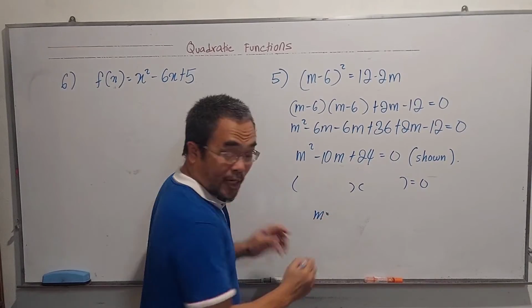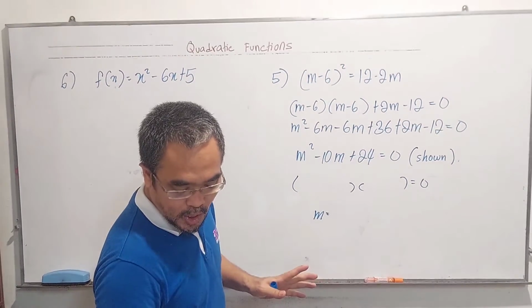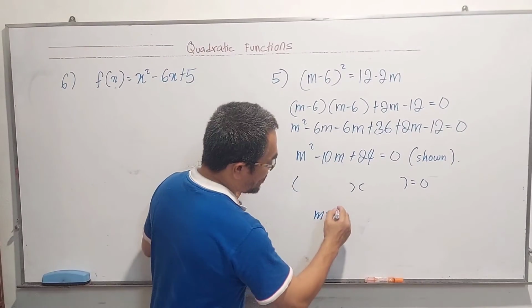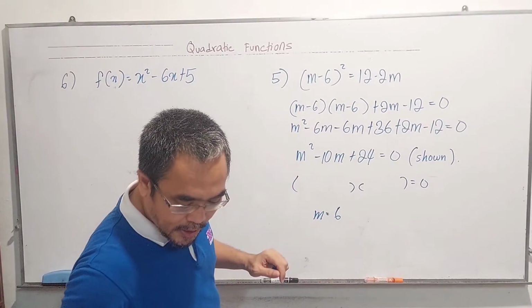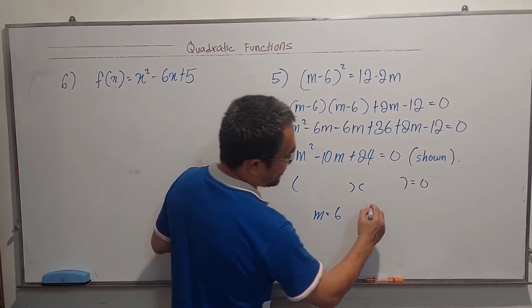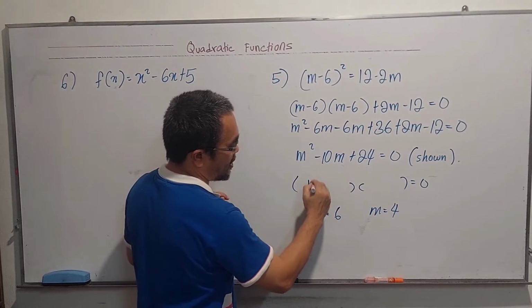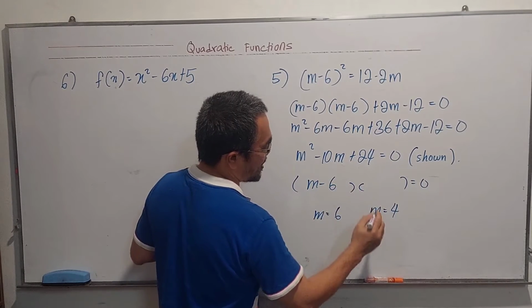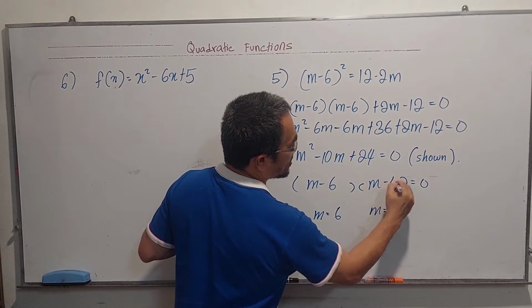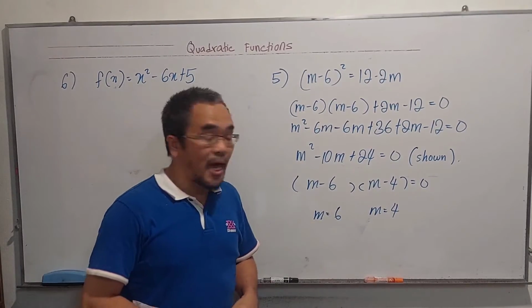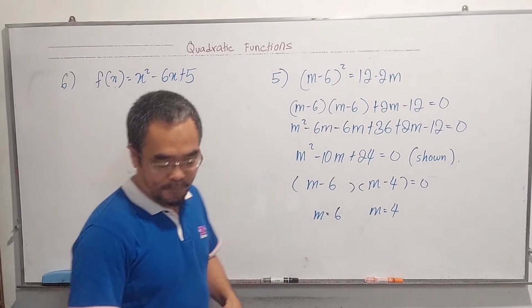Even though the calculator gives you values as x, in this algebra it is m. So 6. Is there any second value? Yes. M is also equal to 4. The factorization will be m minus 6 and m minus 4. So m equals 6, m equals 4.